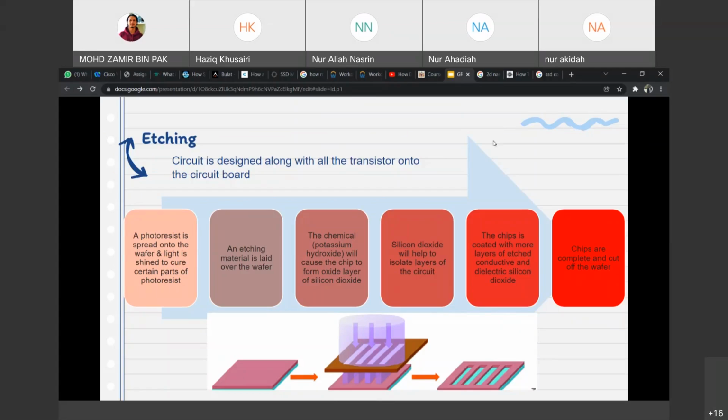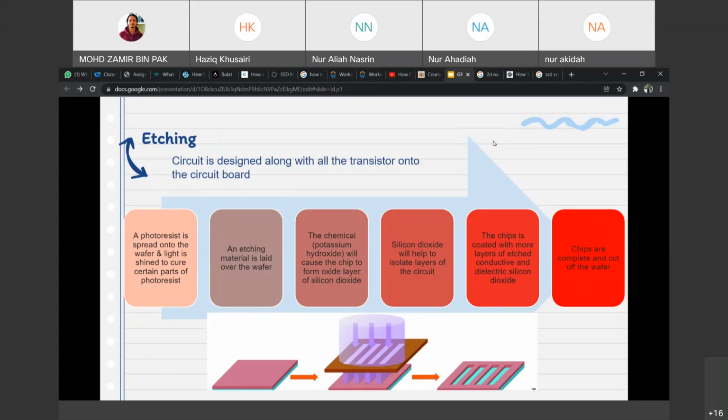The step begins with a photoresist chemical sprayed onto the wafer. Then UV light is shined through a template to cure certain parts of the photoresist to form the circuit pattern. Then the etching material is laid over the wafer, which will eat through in the places where the photoresist is cured. And then normally we use potassium hydroxide that will cause the silicon chips to form an oxide layer of silicon dioxide.